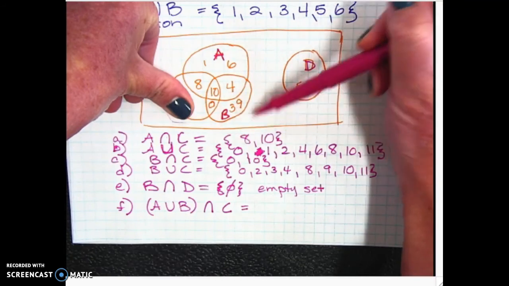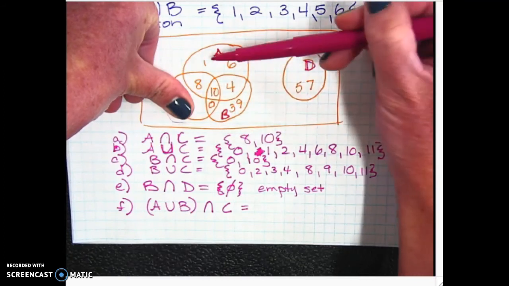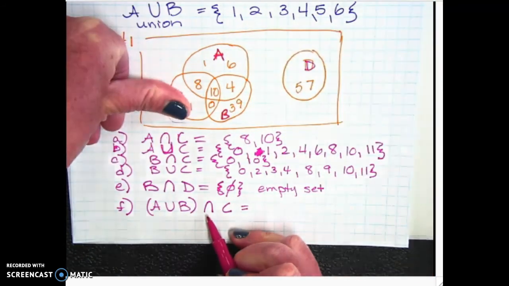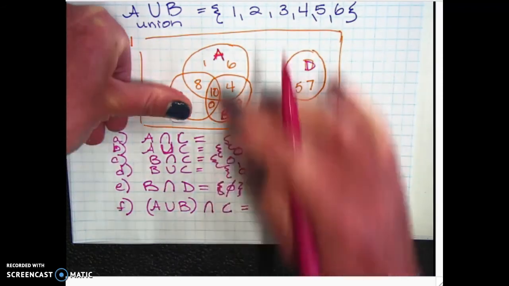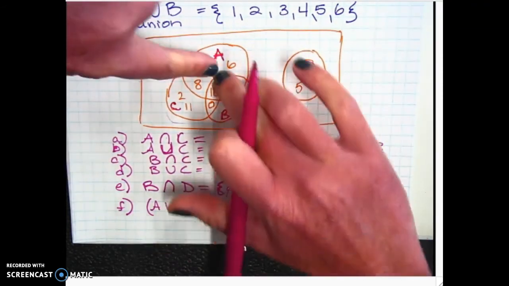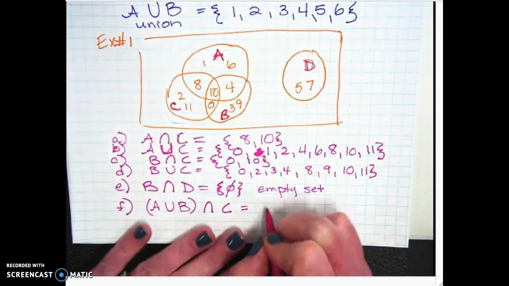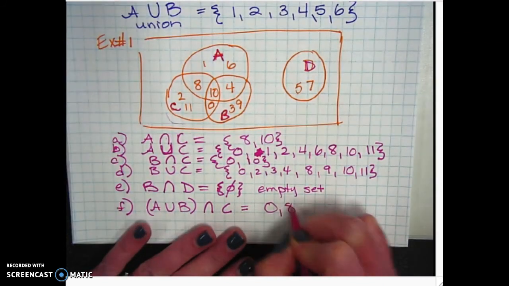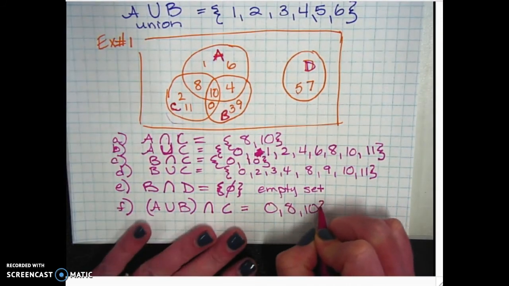But we only want from all of that what intersects with C. So C is just this part. So the 0, the 8, and the 10.